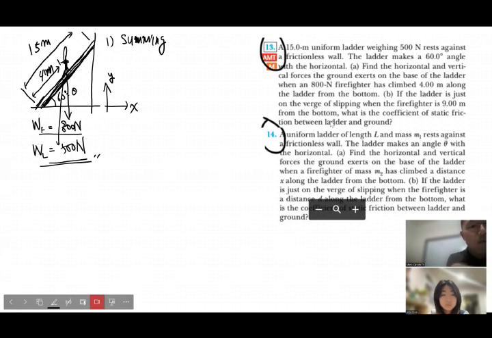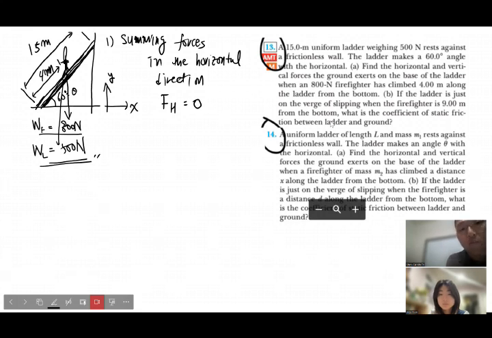So if you take into account all the forces in the horizontal direction, your total force in the horizontal direction should be 0. In order for this ladder to stay in equilibrium, all the forces based on Newton's law should be completely balanced.